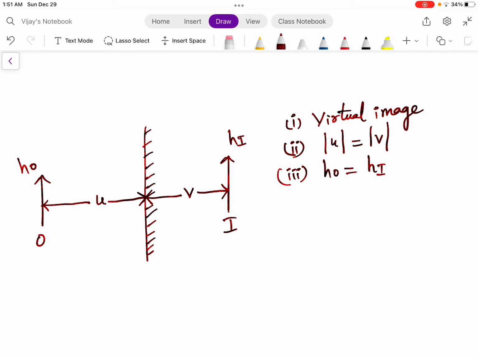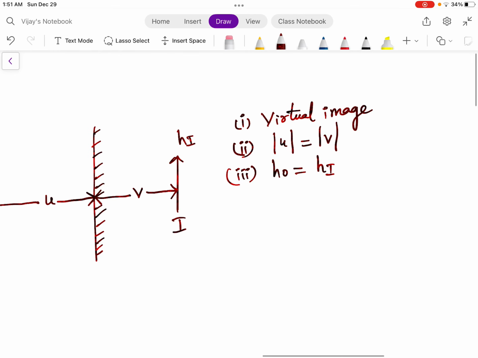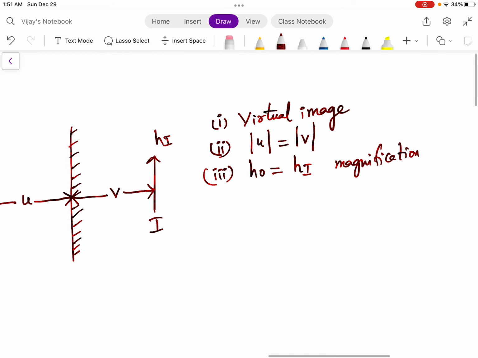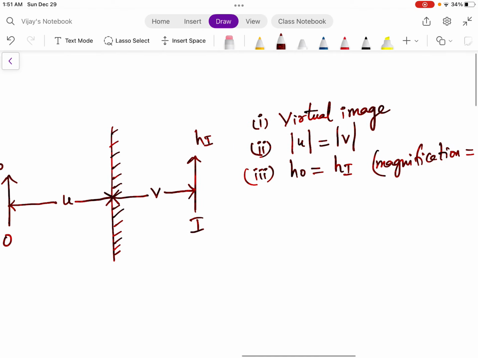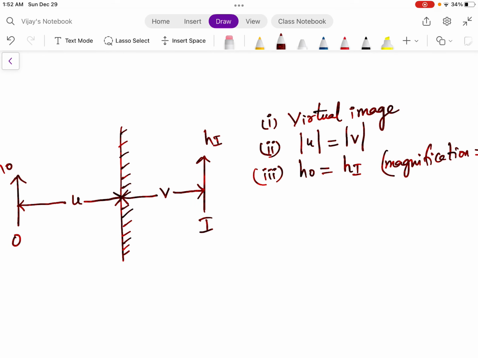So there is no enlargement, there is no diminishing, or decrease of height as such. So we can say that the magnification is 1. The value of magnification as far as a plane mirror is concerned is 1. I will talk about magnification in a short while when I talk about spherical mirrors. But remember, the magnification value is 1. This is the third important point.